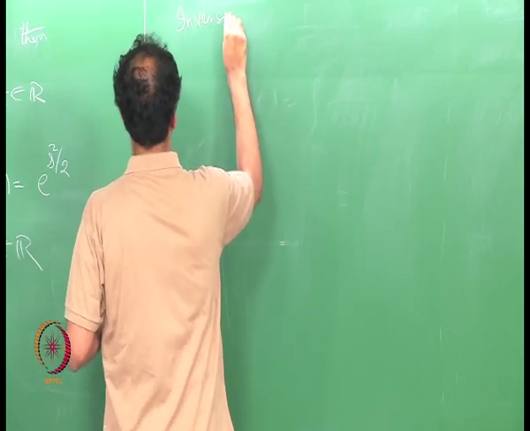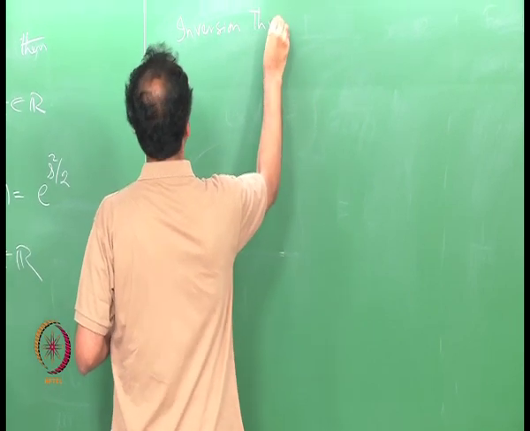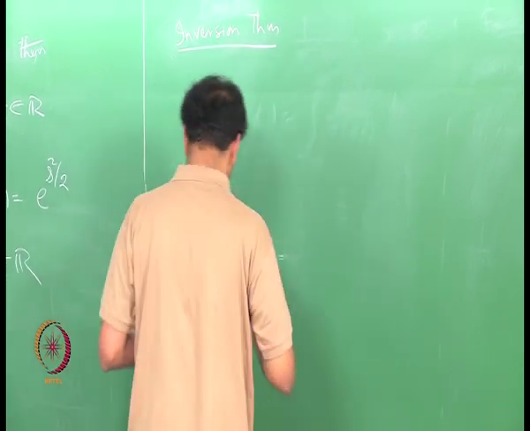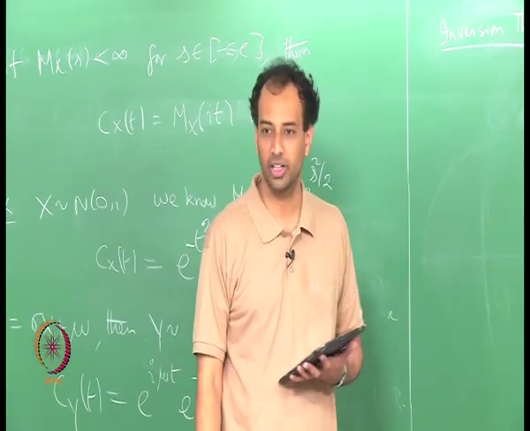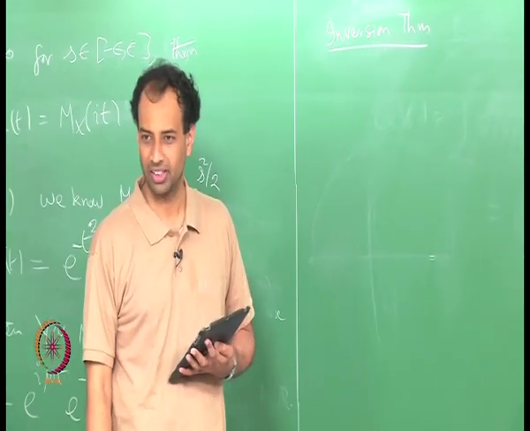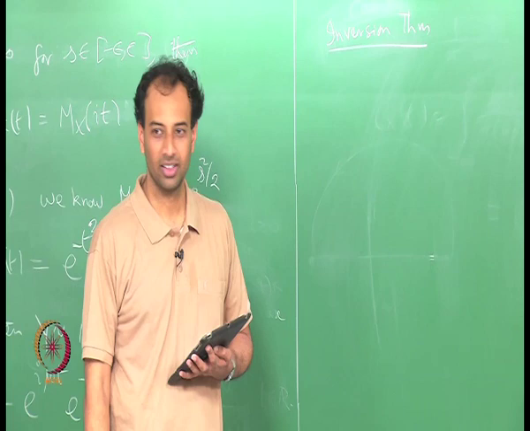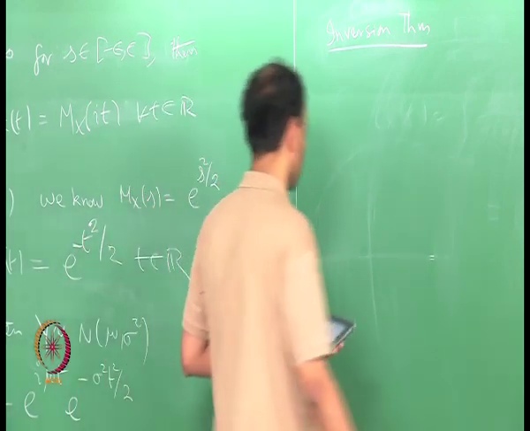Inversion theorem. So, this is just like the inverse of Fourier transform. Okay. So, it is a highly non trivial theorem, by the way. I will just state the inversion theorem for characteristic functions.